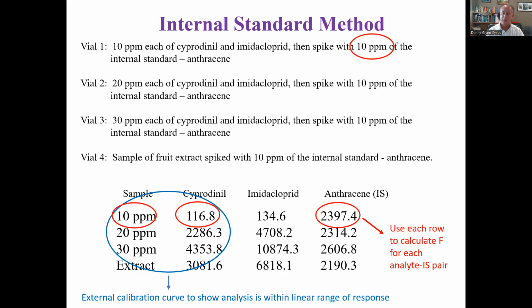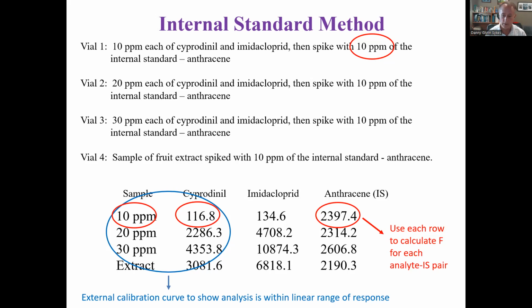So I can plot up that data and prove, hopefully, that I'm in the linear range of response for cyprodinil. I can also do the same thing for imidacloprid, because those vials contain 10, 20, and 30 ppm of imidacloprid, and I have the corresponding signal. So I can plot the external calibration curve for imidacloprid to show that I'm in the linear range of response.